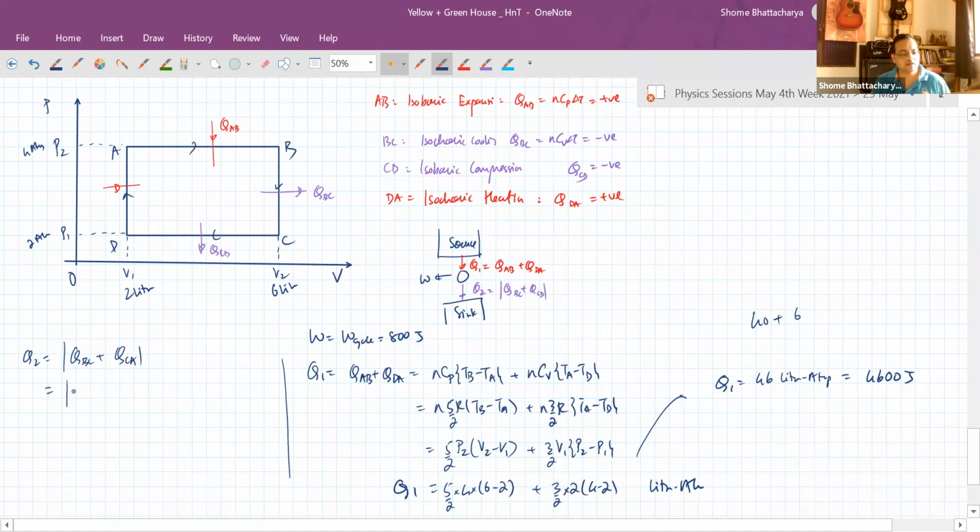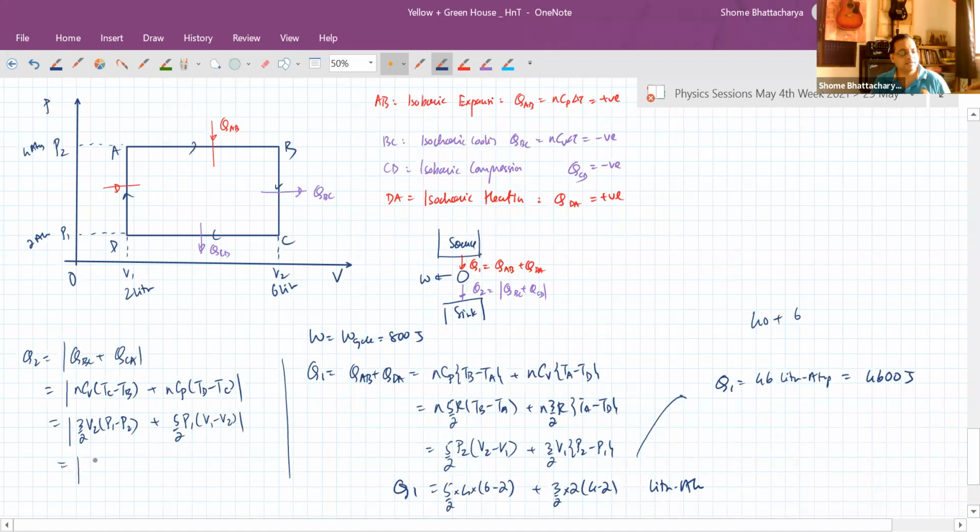So when we calculate this, this is again nCV (TC minus TB), which is a negative quantity, plus nCP (TD minus TA), sorry, TD minus TC. So this will again be a negative quantity, but we'll take the mod of it. So this will become 3 by 2 into this volume into this, plus 5 by 2 into this pressure into this volume difference.